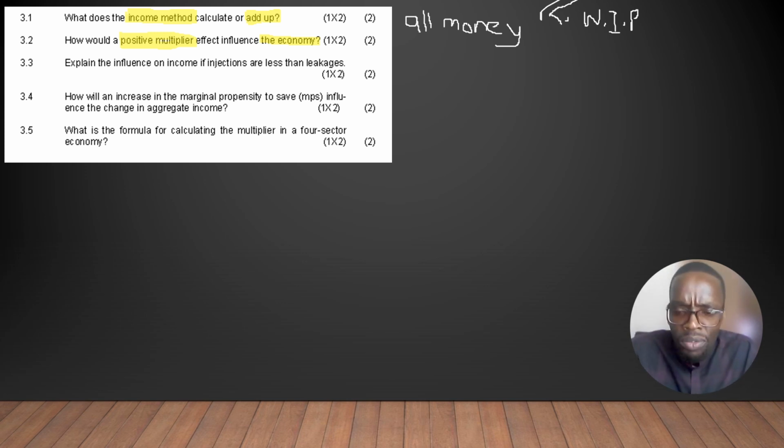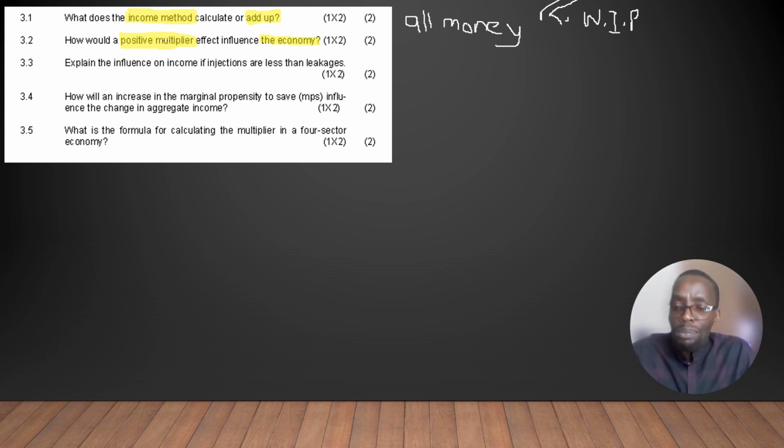What is the effect of a positive multiplier? It results in firms having to increase the production of goods and services. For them to increase production, it can also result in firms hiring more factors of production from households.